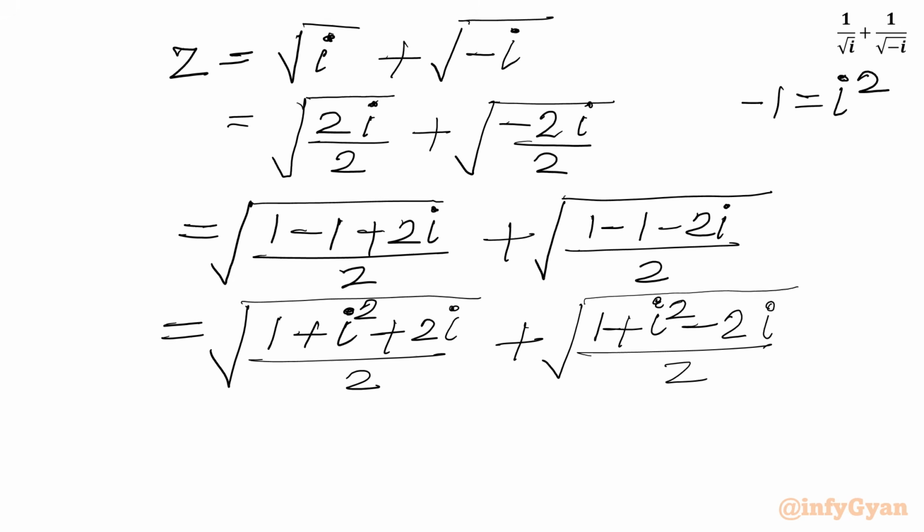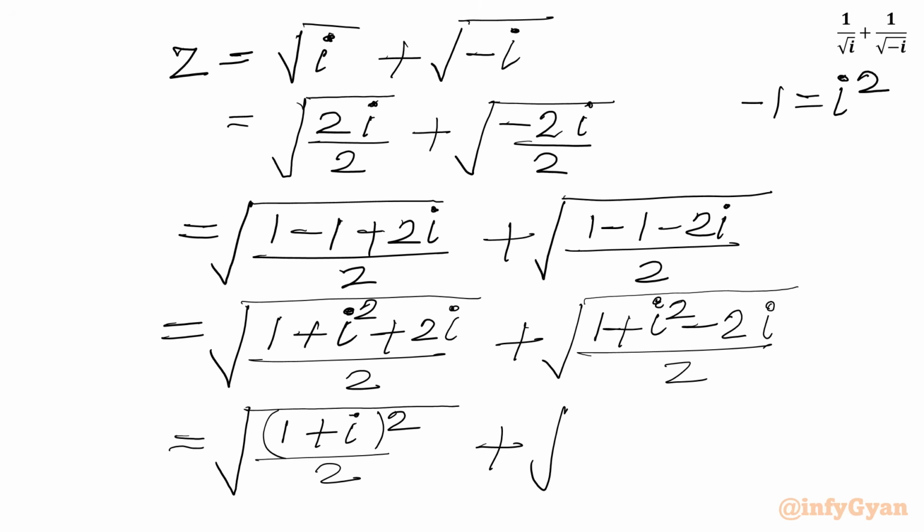Now a square plus b square plus 2ab is a plus b whole square. So we can write square root of 1 plus i whole square over 2. Here we can write 1 square plus i square minus 2i. So a square plus b square minus 2ab is a minus b whole square.